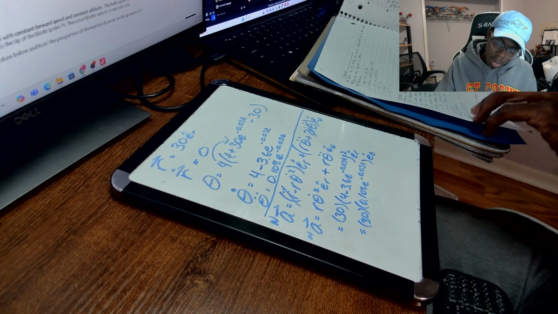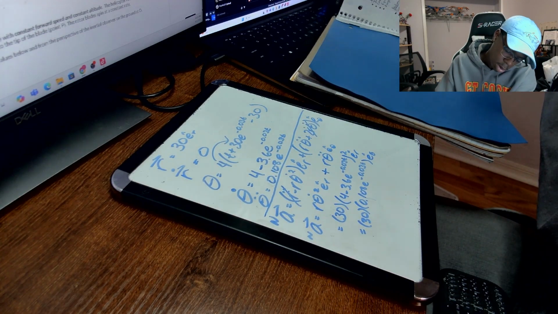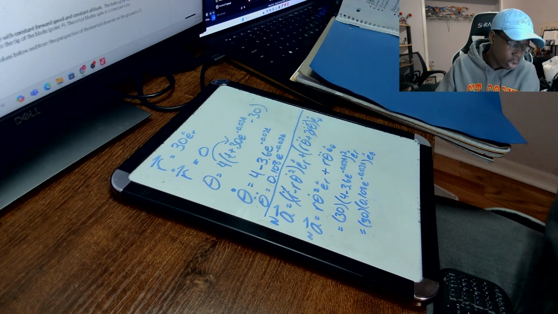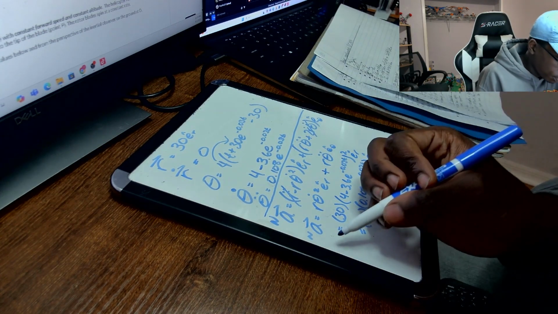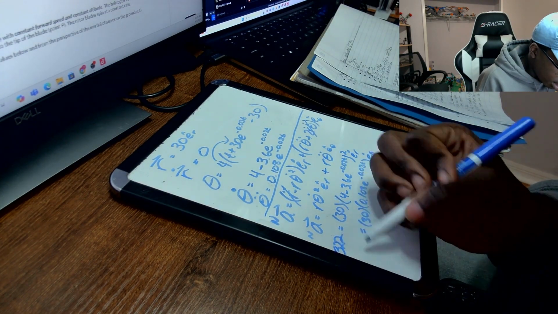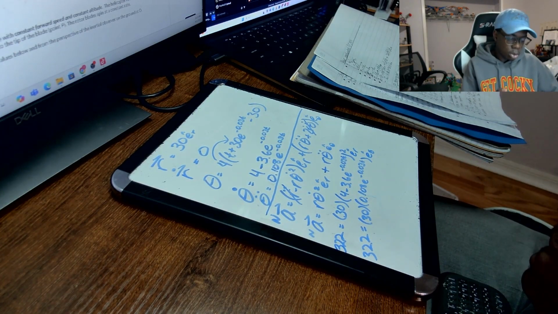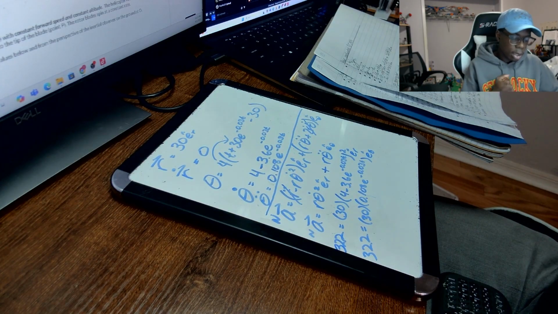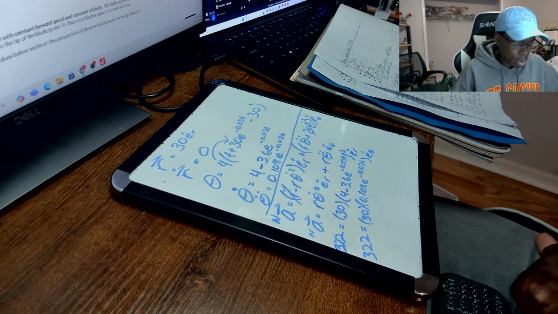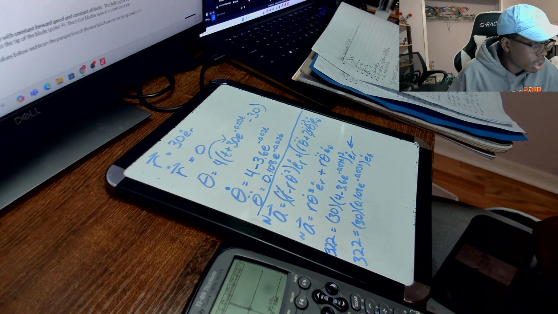I usually am used to 9.81. Yeah, 32.2. So we'll say that each of these are equal to 322, and then we can calculate the time for this to 3 significant figures.